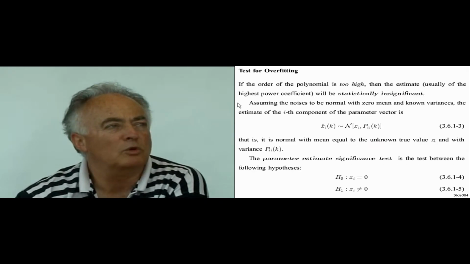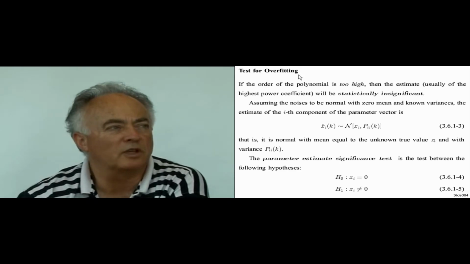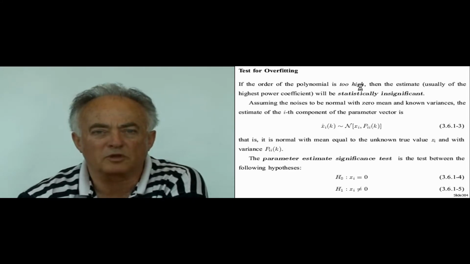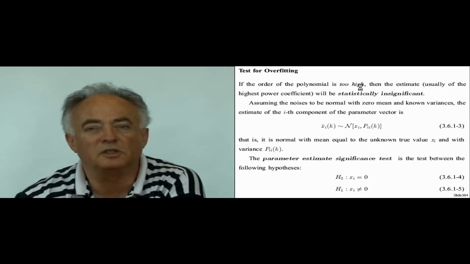Before that, we'll look into the test for overfitting. Now, if the order of the polynomial is too high, which means we have terms in the polynomial, coefficients we are trying to estimate, which are not in the truth, in the real thing.